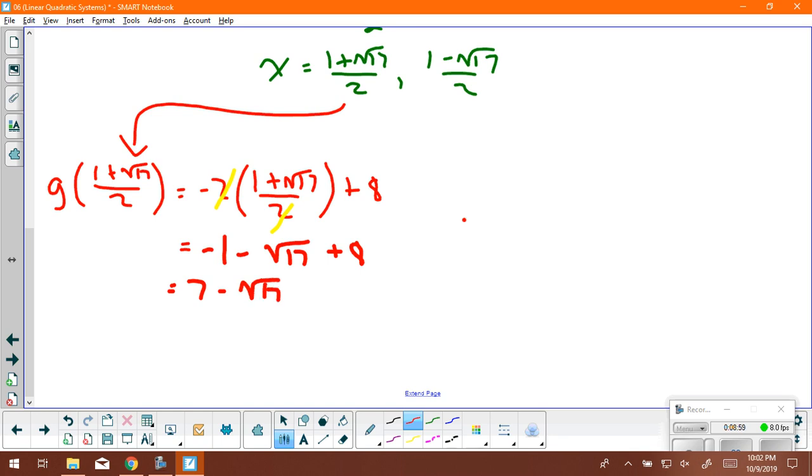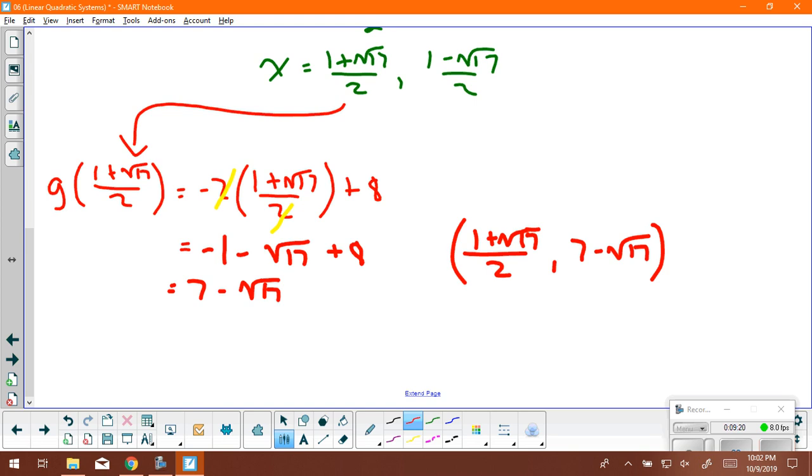So one of my points is (1 plus root 17) over 2 and 7 minus the square root of 17. If we were going to graph this, we would just get the decimals and see what's going on, but there's the exact solution for that point.